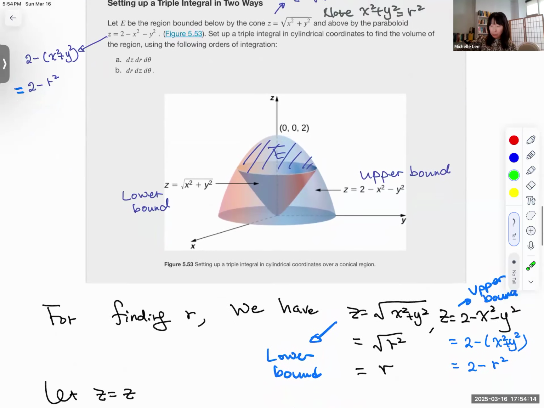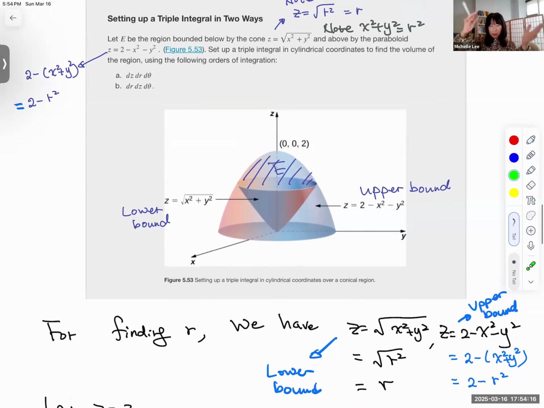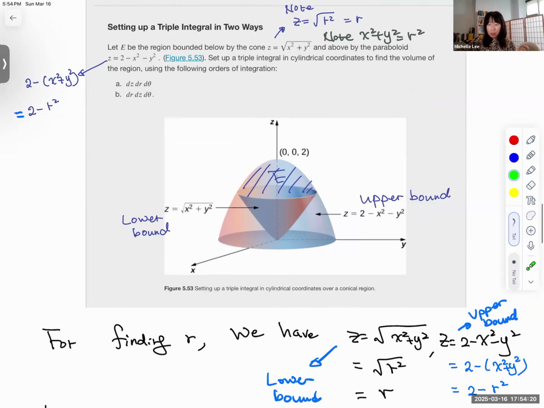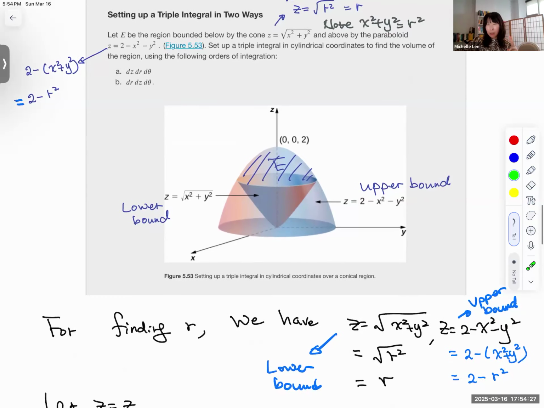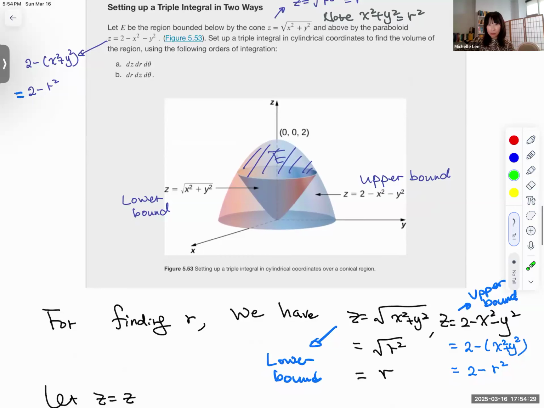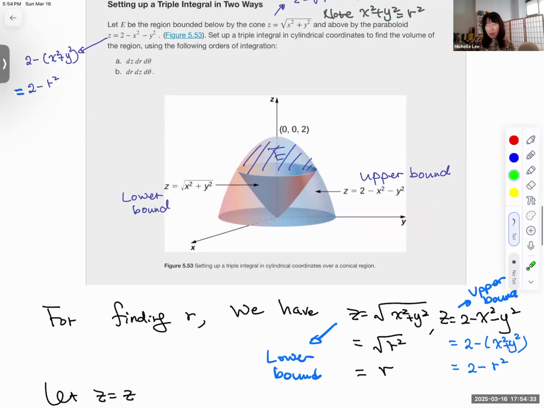So let me rearrange. We have 2 functions, so we make limits from the functions.